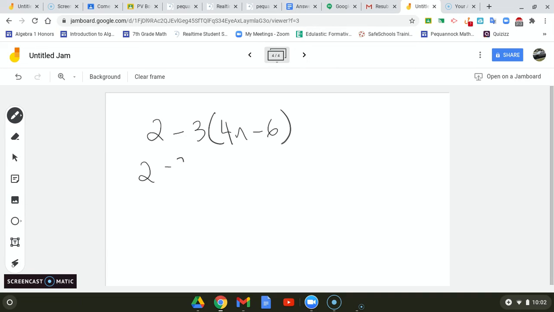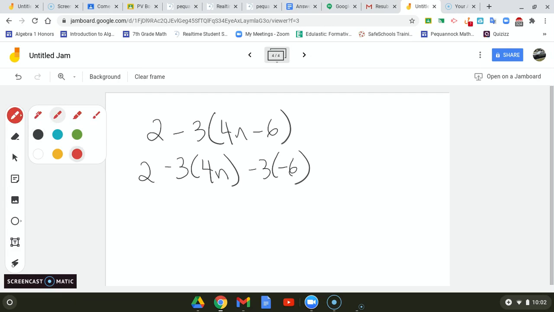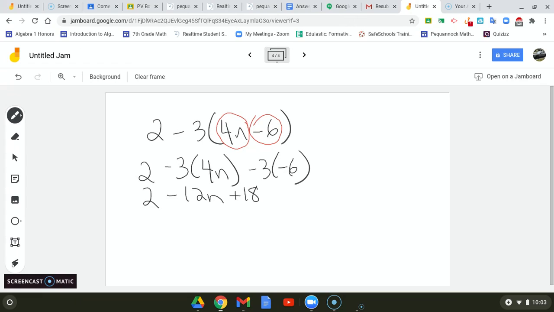So they're going to do negative 3 times 4n, and then negative 3 times negative 6, which is perfectly fine, because what they're doing actually is they're thinking of this in here as two separate terms, which is really a good way to think of it. And either way that you do this, you're going to get the right answer. So let's stick with this, and we'll say we're going to get 2, and then that's negative 12n, and plus 18, and then we'll combine our 18 and our 2, and that would give us 20 minus 12n.